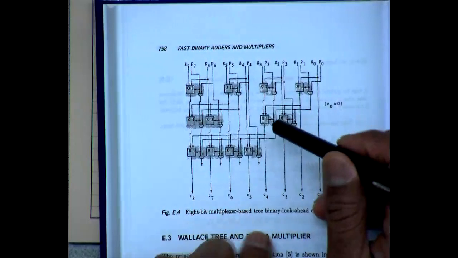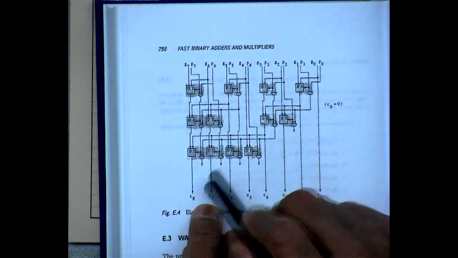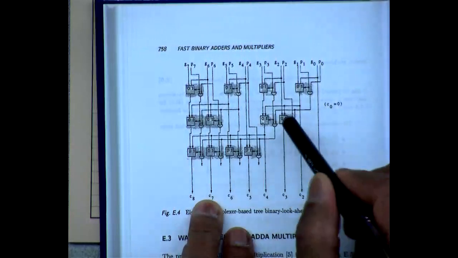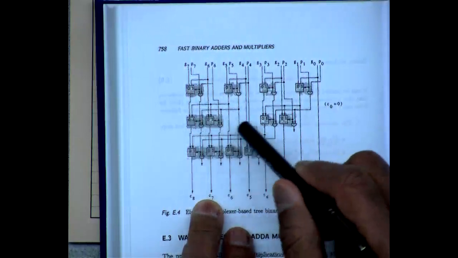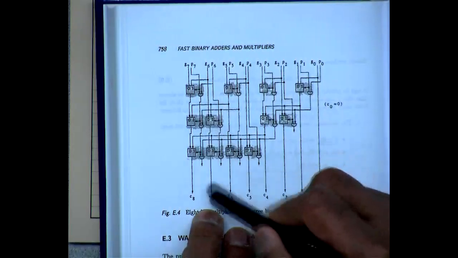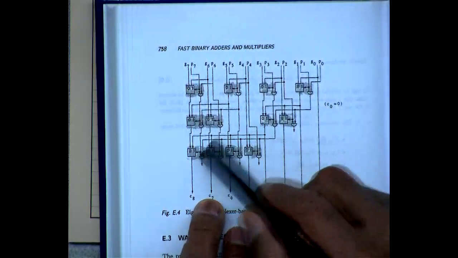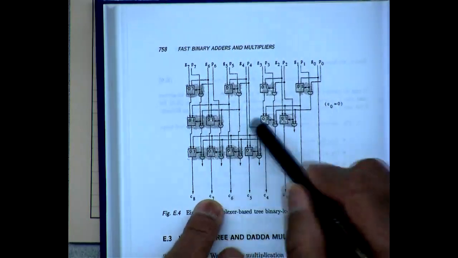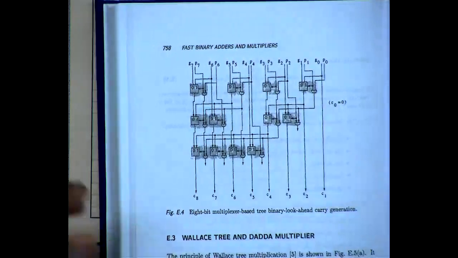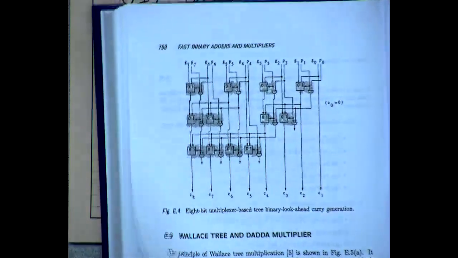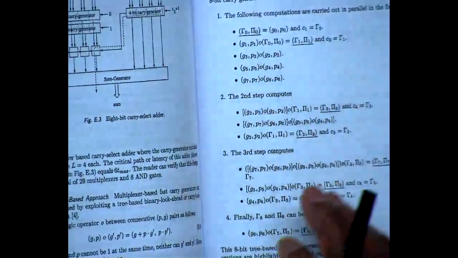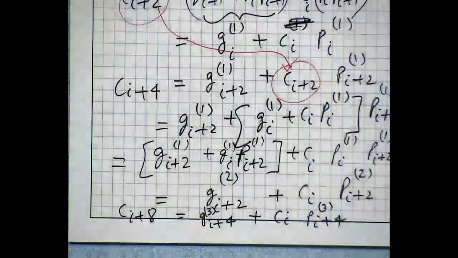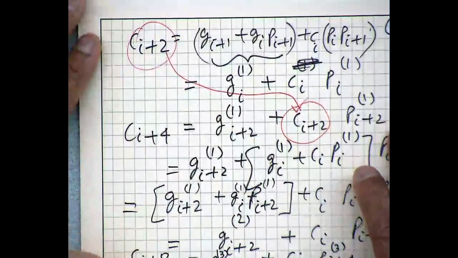C7 is computed from C4, with distance 3. And that needs one more equation. Okay, so if you follow all these steps described here, I'll leave it to you to go through all those things and play with these carry look ahead ideas.